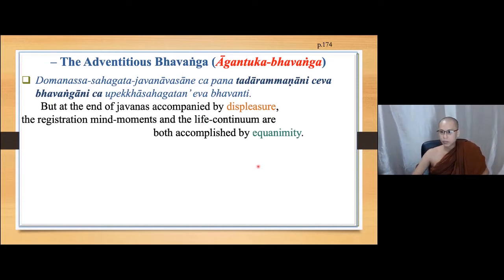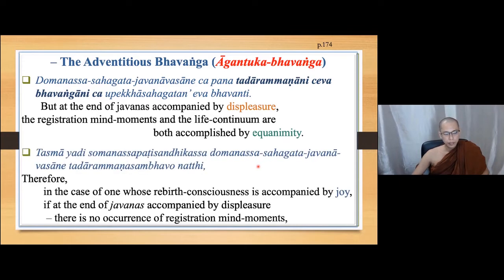Okay, so let's continue to see the text. Tasma yadi. Here yadi is not a precise condition. Yadi can be translated as 'if' in English, an uncertain, unreal situation. So tasma yadi Somanassa Patisandhikassa Domanassa Sahagata Javanavasani. Somanassa is joy, patisandhi is rebirth.